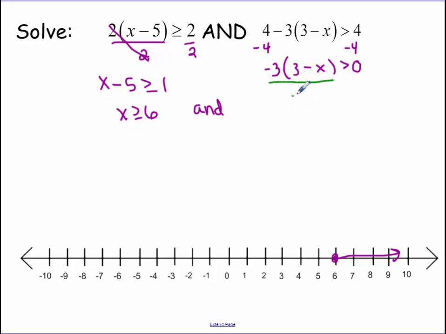Now if I divide by a -3, we get 3 minus x greater than 0. If I add x to the other side, x is less than 3. So x is less than 3 is this piece, and I purposely did those in two different colors.